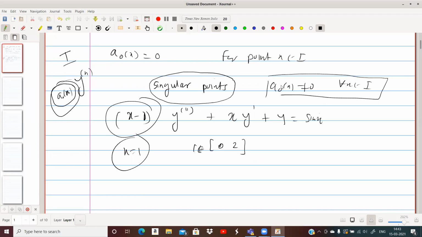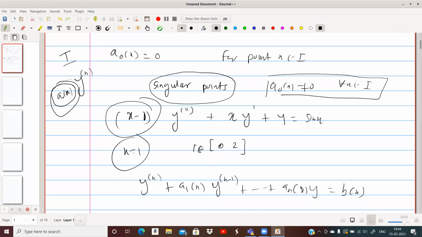So once a0(x) is non-zero at every point, as earlier we can divide by a0(x), and your differential equation can be treated like this. After dividing, a1(x) by a0(x) I call again a1(x), and b(x) upon a0(x) will be called b(x).